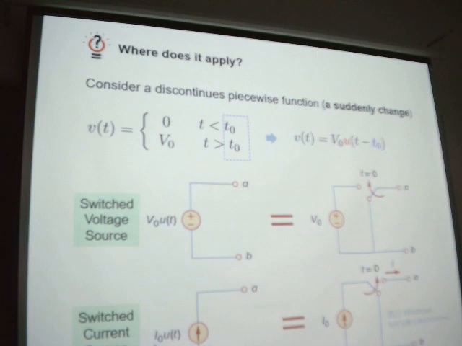Similarly, we can use i(t) times u(t) instead of this circuit. And we can see the switch is still here, right? And if we move the switch to here at time t equals 0, it will become this one. It's the same.